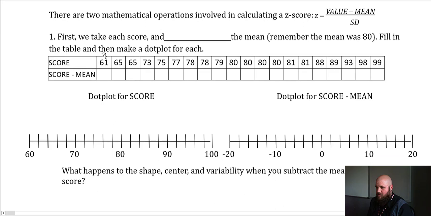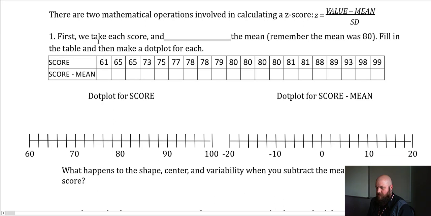So now we're going to do some little operations here with this. First, we're going to take each score and subtract the mean. So the mean is 80. We're not doing anything crazy, just subtracting here. So we're going to say 61 minus 80, so we have negative 19.